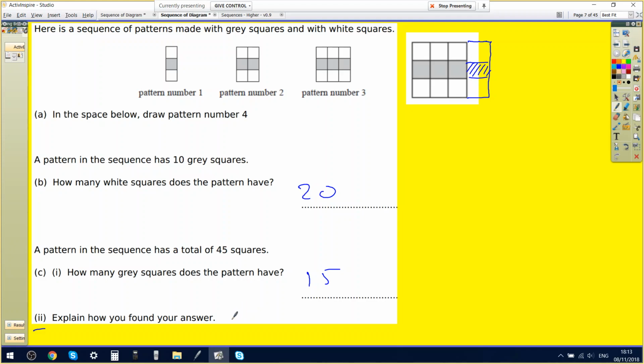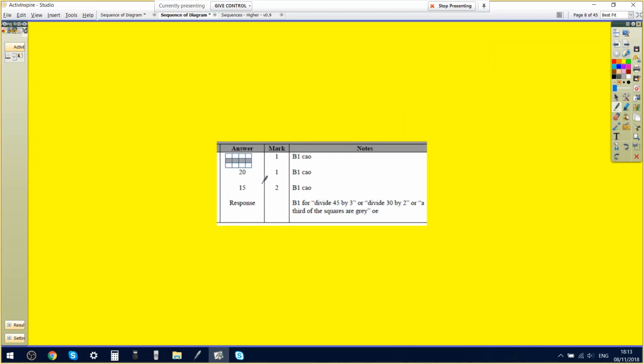And so you can just do 45 divided by 3. Yeah, and so that would tell you if it has 45 squares in total, then it has 15. How many grey squares? Yeah, a third of the squares are grey. So you just divide it by 3. That's it.